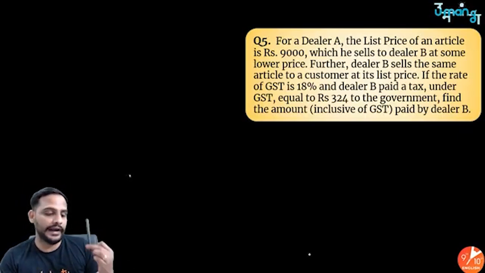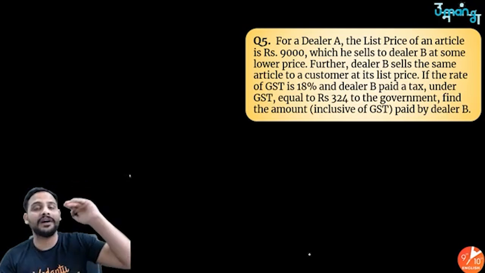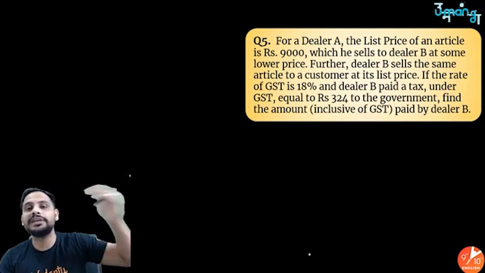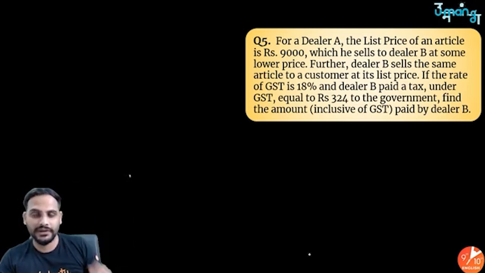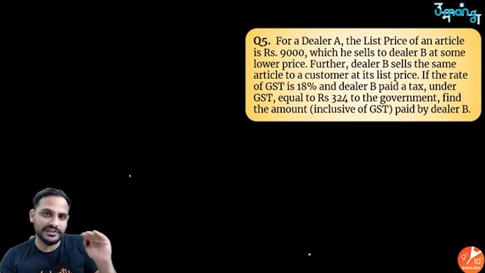So I don't know at what amount B has bought the item from A, how much A has reduced.